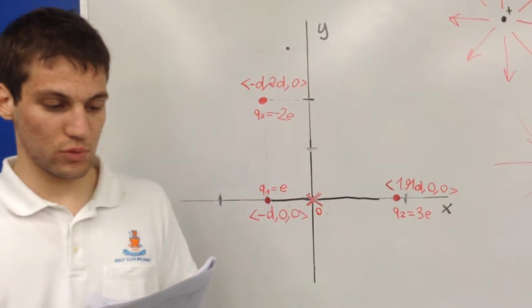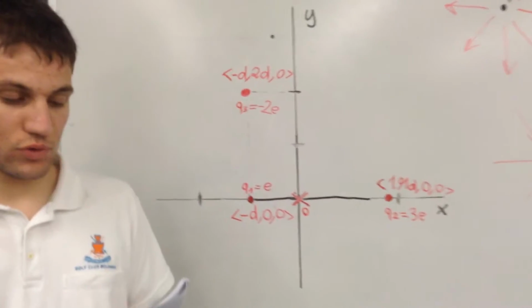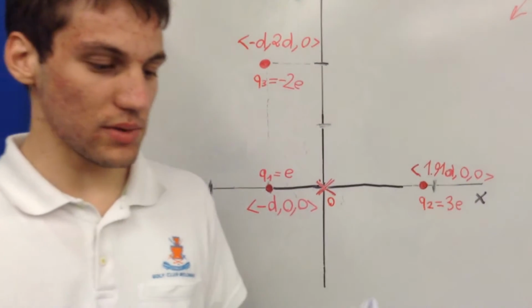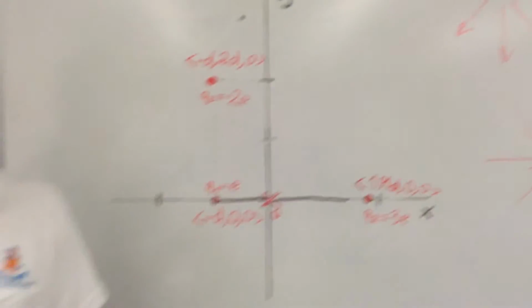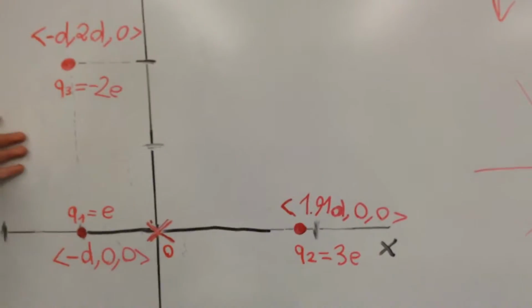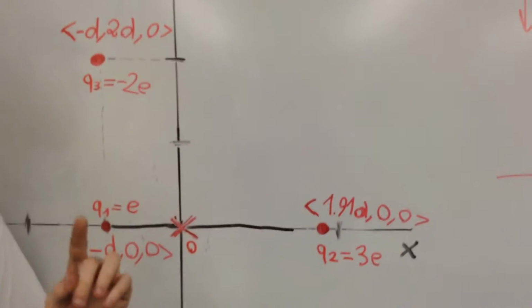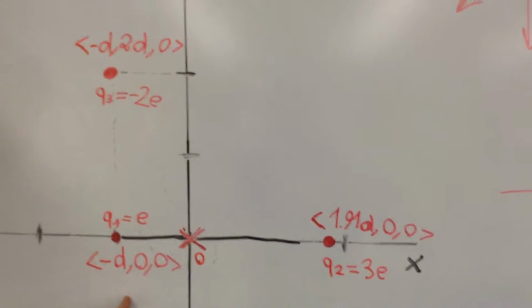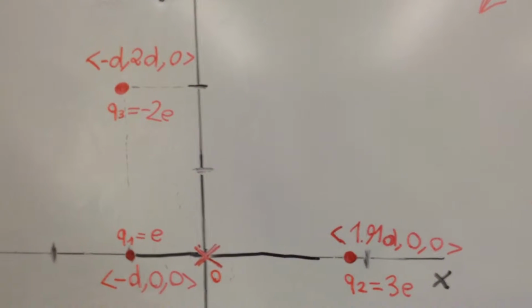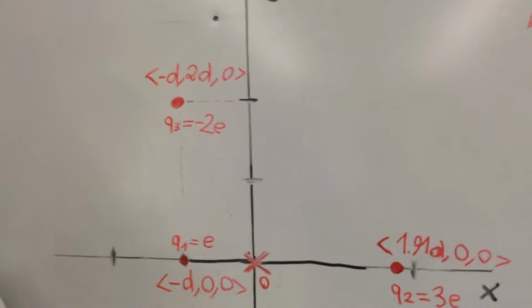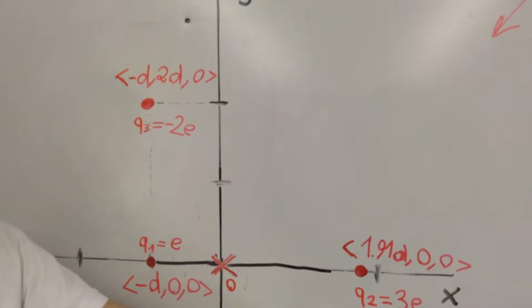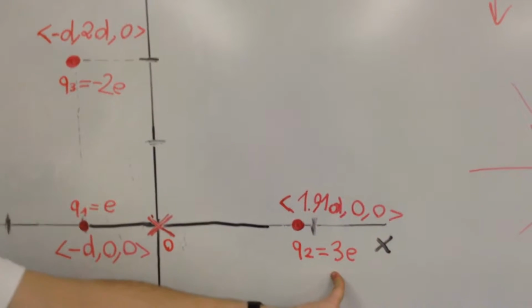Let me first read the problem statement. Three particles are located on the xy plane as indicated in the diagram. This is the diagram. The first particle, Q1, is equal to E and is located at minus D, 0, 0. The second particle, Q2, is equal to 3E.